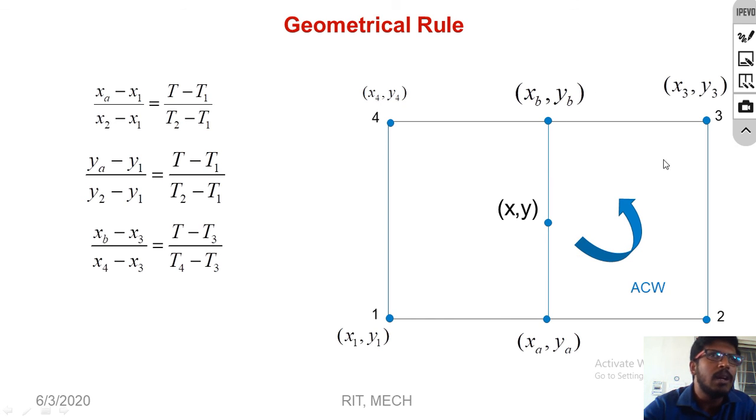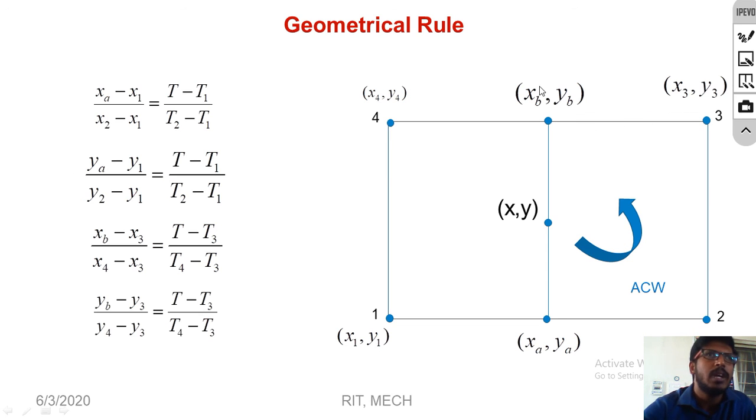Here this is the anti-clockwise direction, so don't forget the direction, which is very important and fundamental. I will discuss in the derivation part why we take the anti-clockwise direction; from the direction only we have derived these formulas. XB minus x3 divided by x4 minus x3 is equal to the temperature at the particular point minus T3, divided by T4 minus T3.